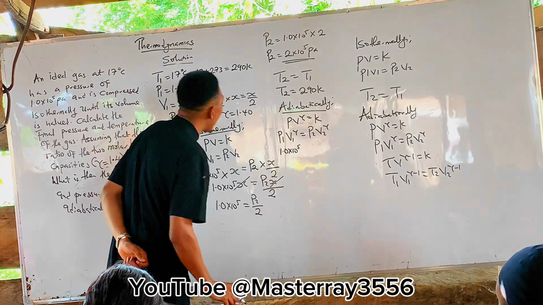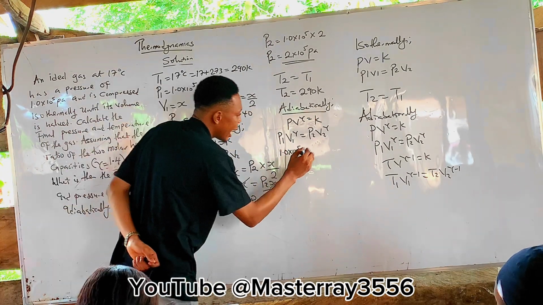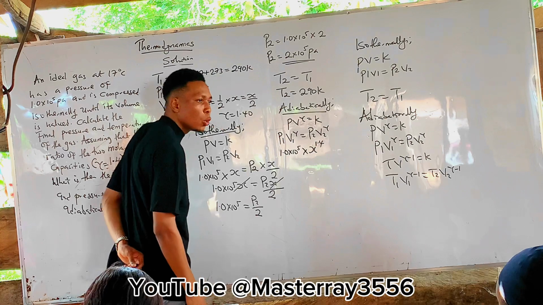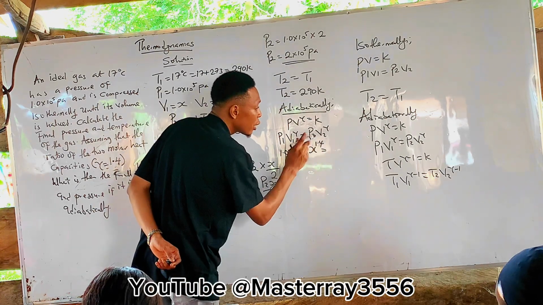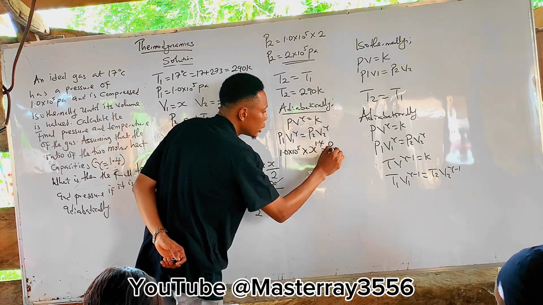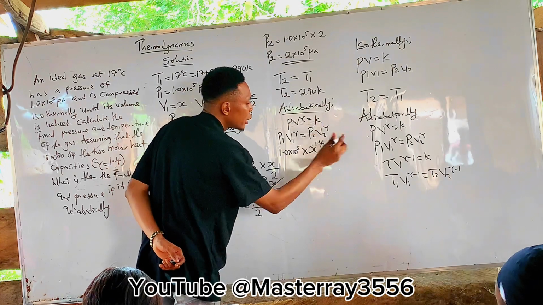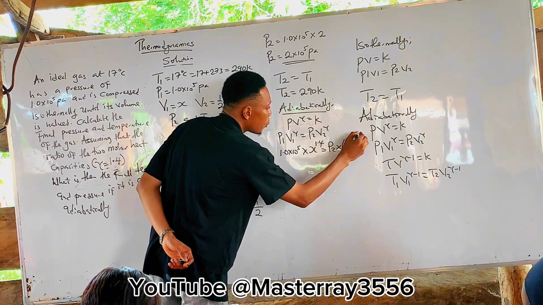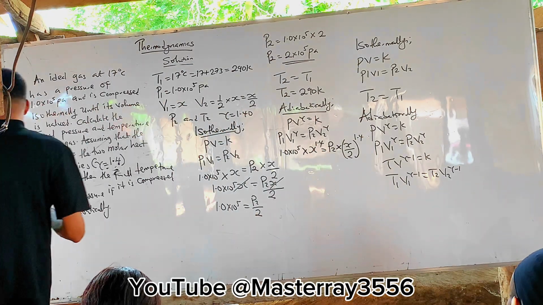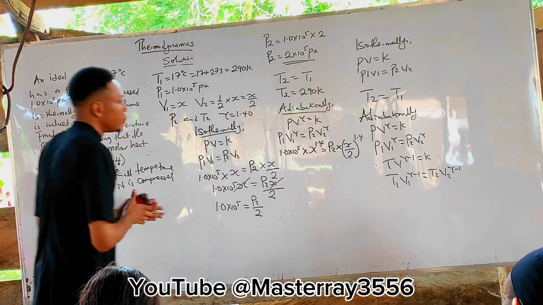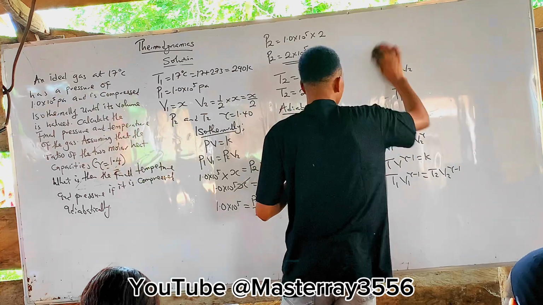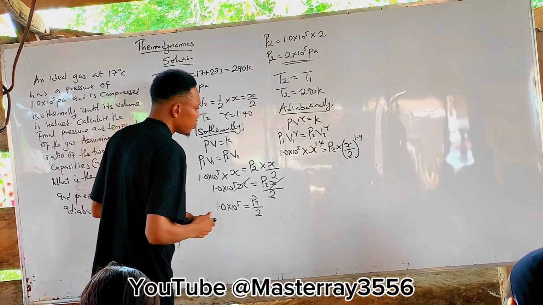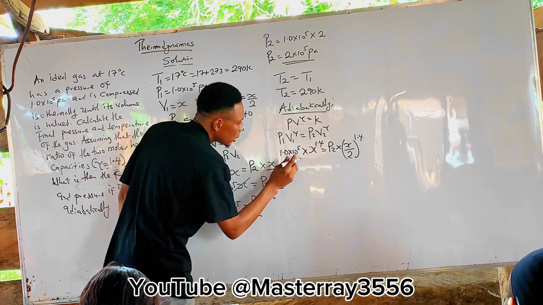Then what's V1? That's X, raised to power 1.4. Are you following? Then equals, we are looking for what? P2. Then times what's our V2? That's X over 2, then raised to power 1.4. Now, this time around, from there we have this times this.